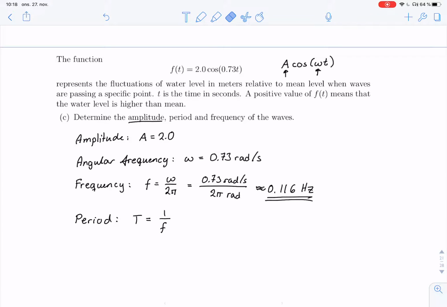And that would be 1 over frequency. So that in this case would be 1 over 0.116 Hertz, which would be approximately 8.6 seconds.